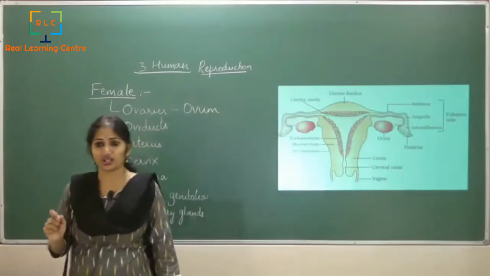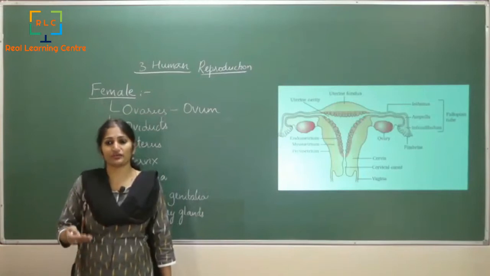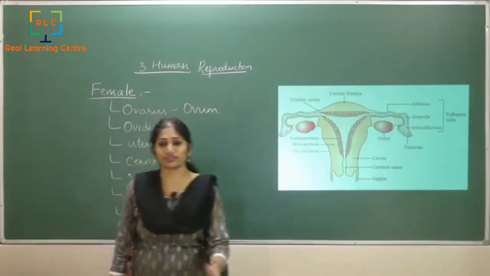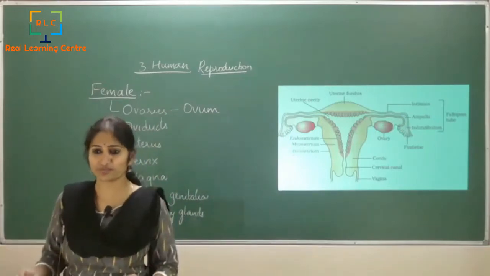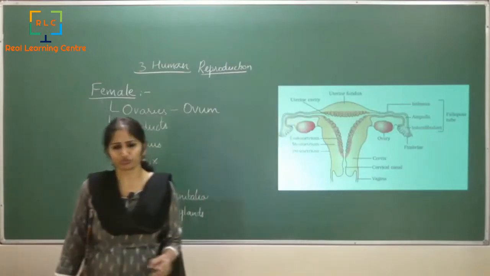Generally, they are located in the lower side of our abdomen. One is on the right side, the other on the left side. So there are two ovaries present in the lower abdomen region.